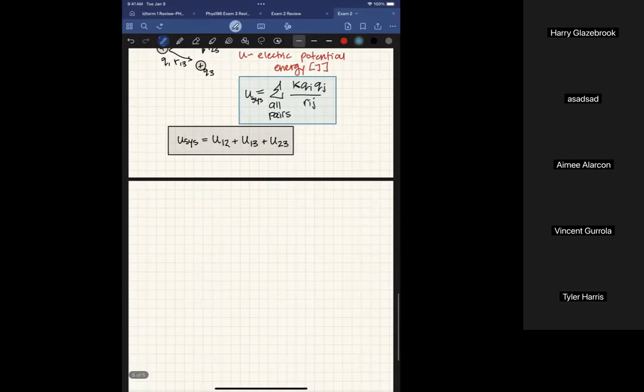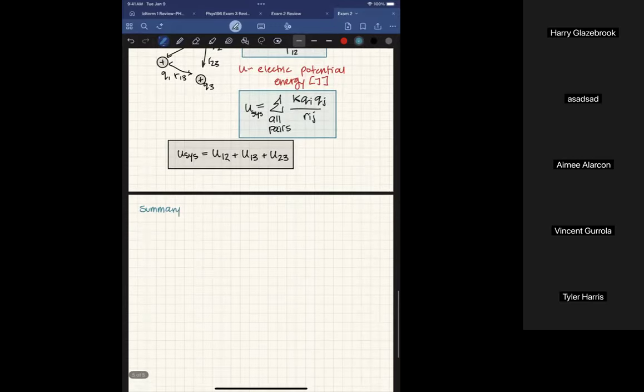So to summarize everything, for charged particles, electric potential energy is U equals K Q1 Q2 over R12.